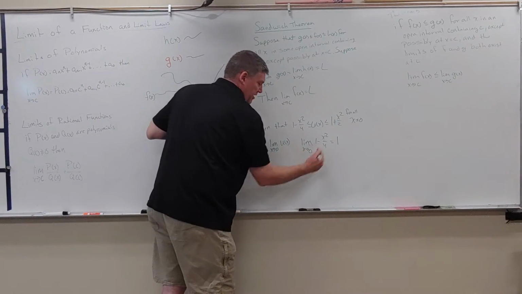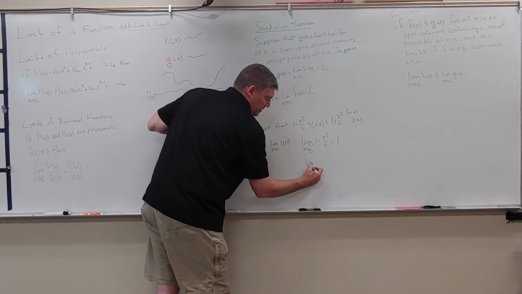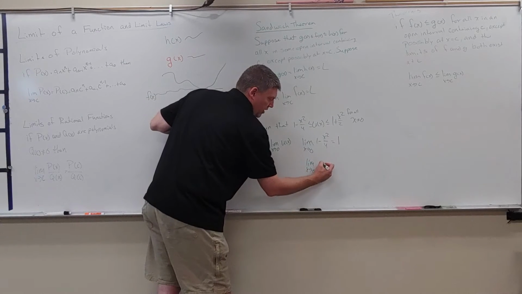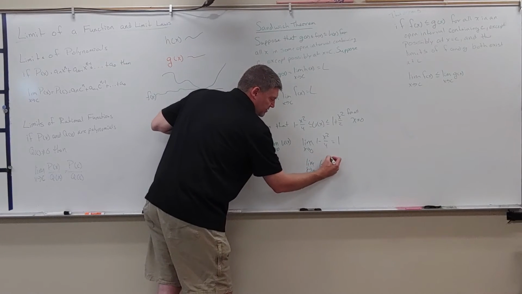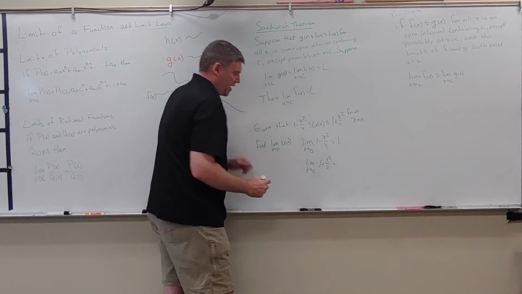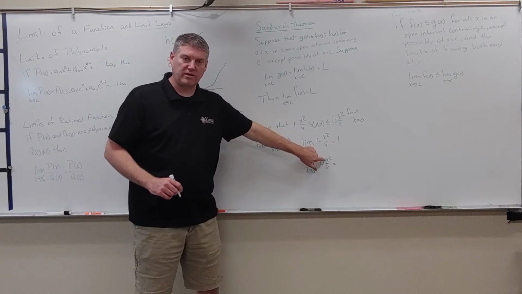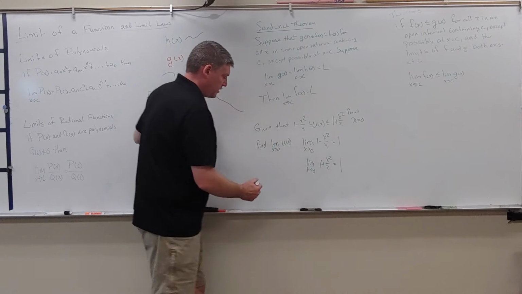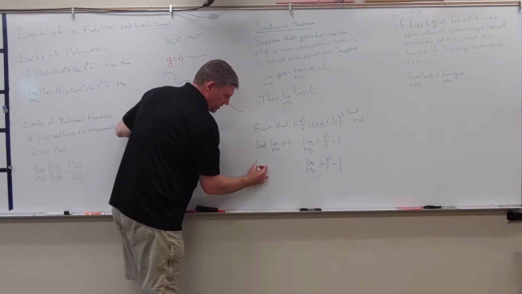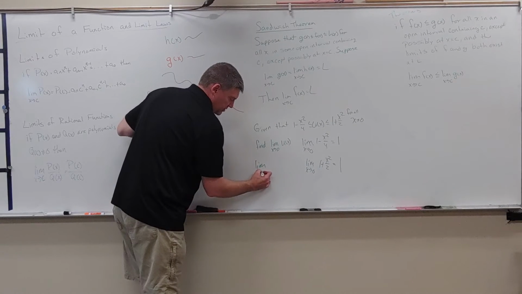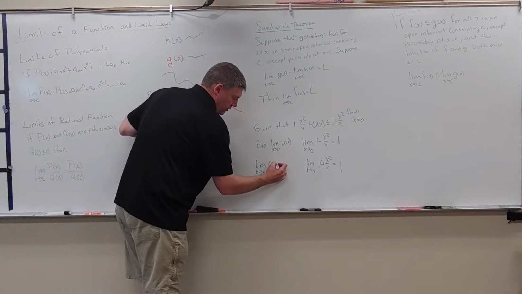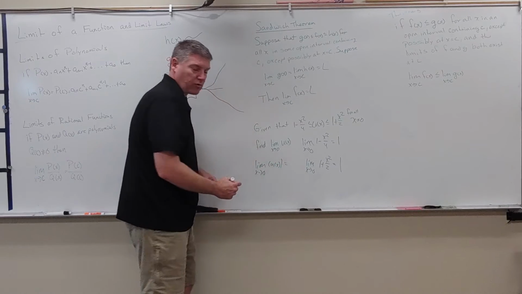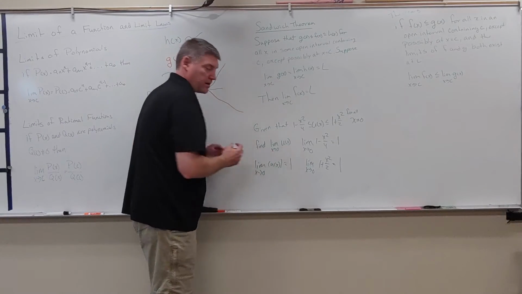I'm going to find the limit of my upper bound. Limit as x goes to 0 of 1 plus x squared over 2. Well, I plug in 0. 0 squared is 0, over 2 is 0. 1 plus 0 is 1. So now I know the limit as x goes to 0 of u of x has to equal 1.